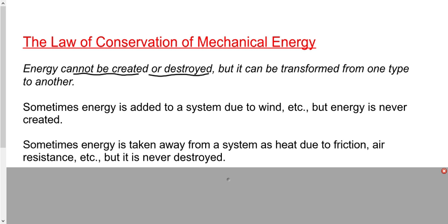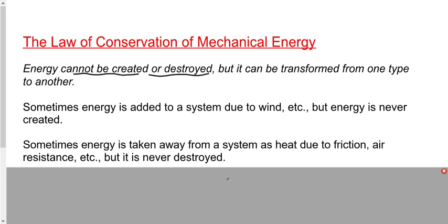Now, the reality is, when you drop that ball and it hits the earth, it's not all transferred to the earth. You lose some as well due to heat and sound. It's not destroyed. But if you bounce the ball enough on the ground, the ball gets a little bit warmer. Some of that kinetic energy was transformed into thermal energy. It looks like sometimes it was destroyed. Drop the ball, it stops.